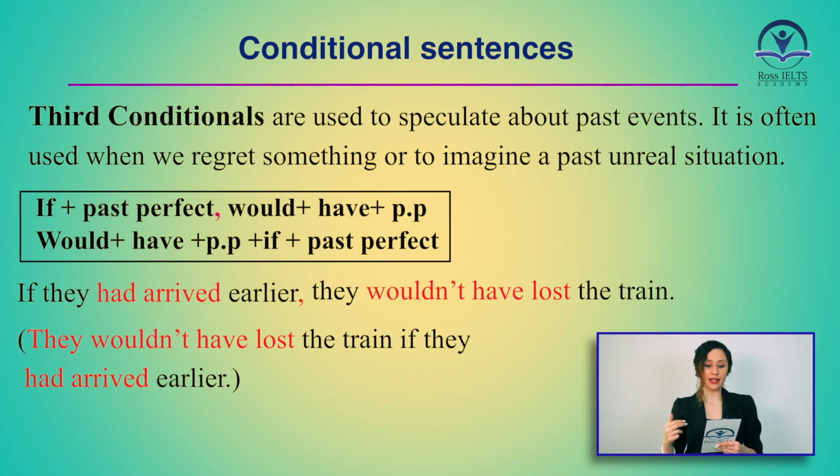If clause is in past perfect, had plus past participle, and the main clause has got would, have, past participle. And basically we are talking about something that has not actually happened. So we are saying that if they had arrived earlier, they wouldn't have lost the train. It means that maybe they hadn't been on time and they have actually lost the train.